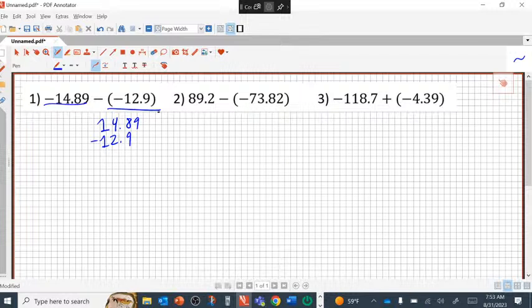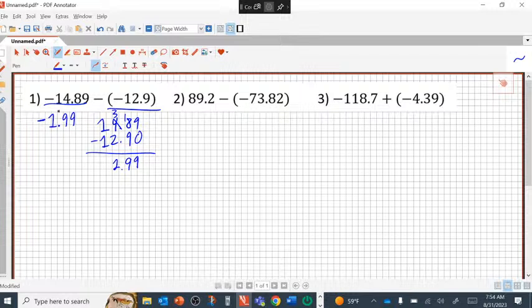You can imagine that on the number line, or you can change that to addition and use the commutative property, whatever you want to do. But you know it's going to act like subtraction. So we do that. That's going to be 9. We got to borrow that. 18, that's another 9. That's a 1, that's a 0. So it's 1.99. Now, Thomas, should that be a positive or a negative 1.99? Should be negative because I started with negative 14.89 and I took away negative 12.9, so I should still be in the negatives. How many of us are able to get negative 1.99 without too much trouble?